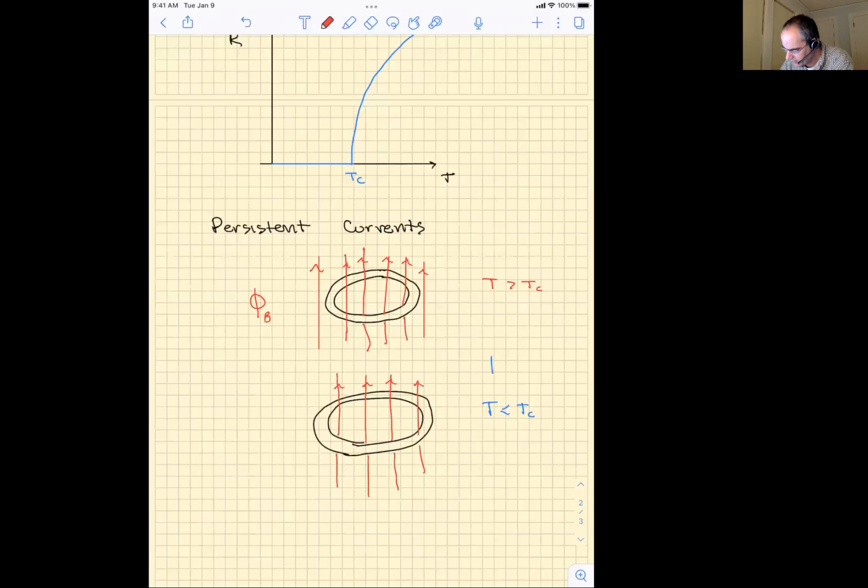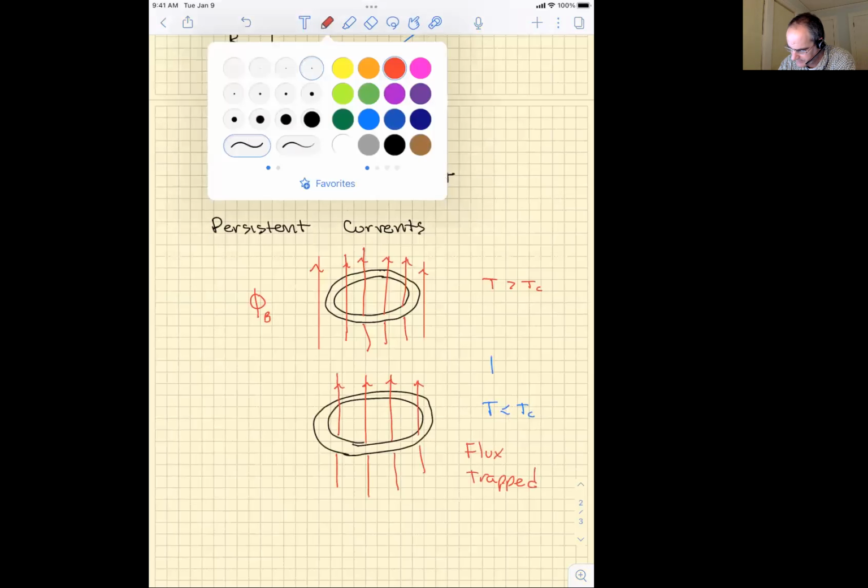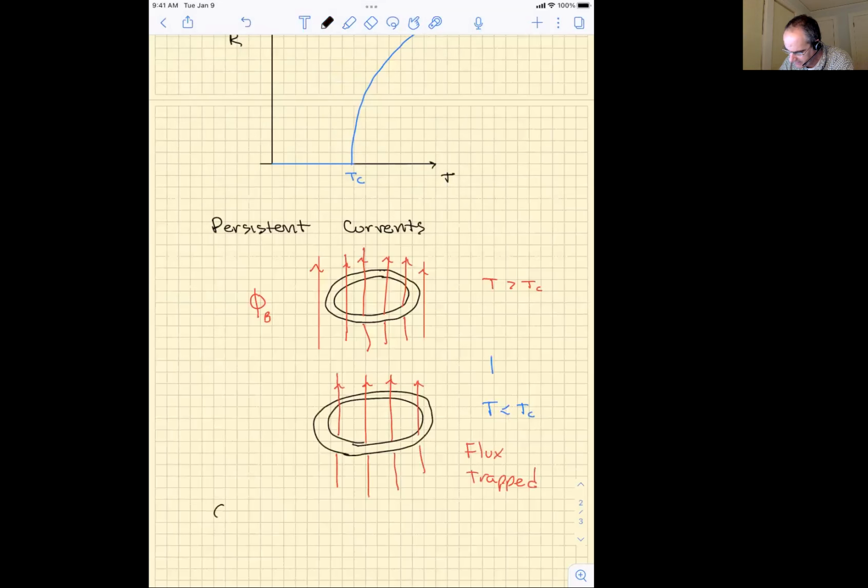How do we know this is true? Because we know that if the magnetic flux changed, then we would have to induce electromotive force around the ring. This would be a voltage. It would be the integral of the electric field as a function of displacement around the ring, right?